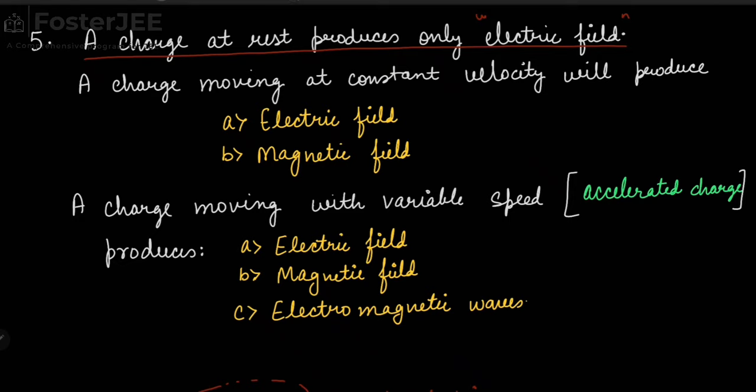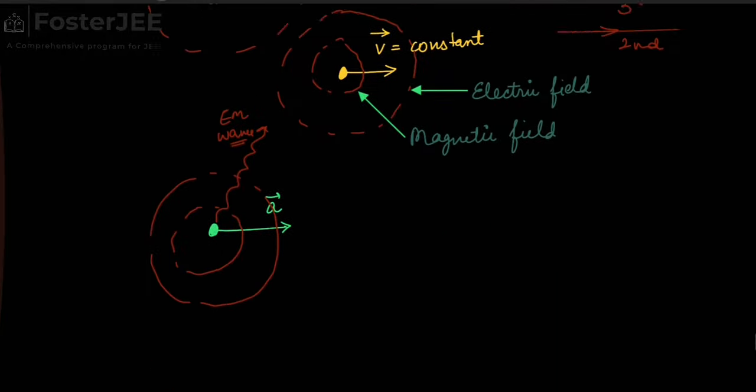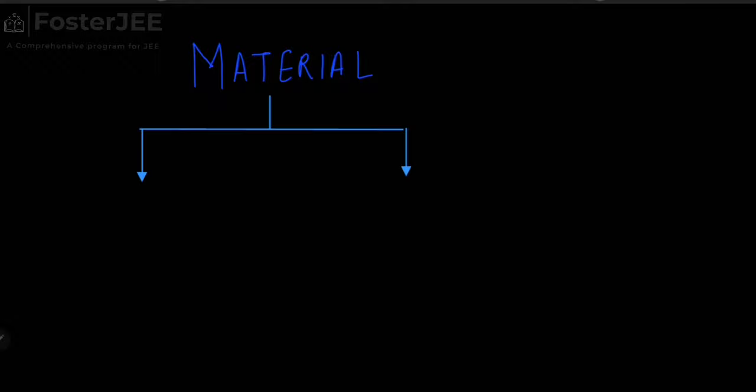Now, to study the effect of electric field, we have categorized our material, which is also called matter, into two categories. First is conductors, and the other one is insulators.